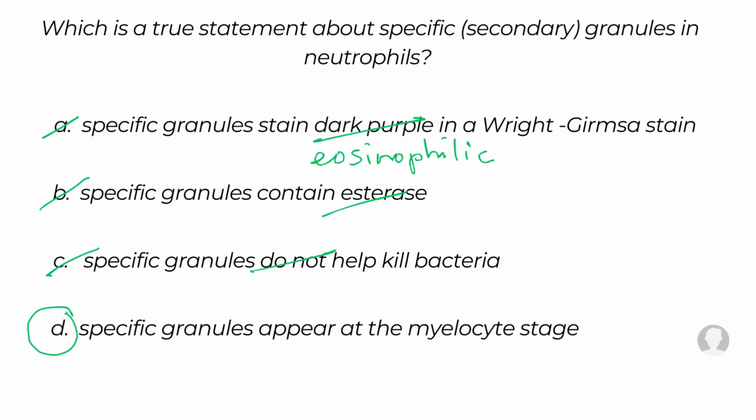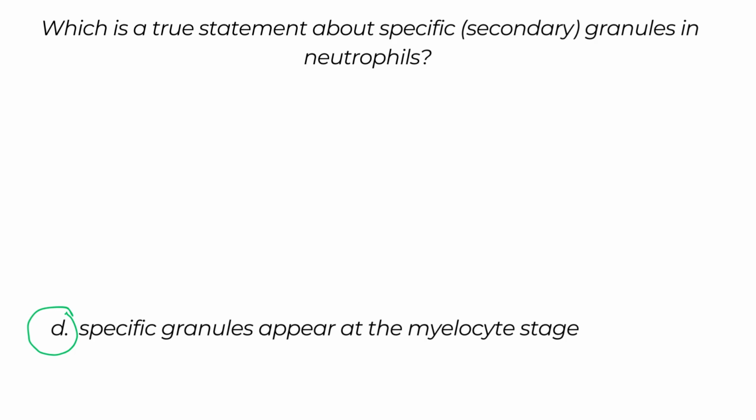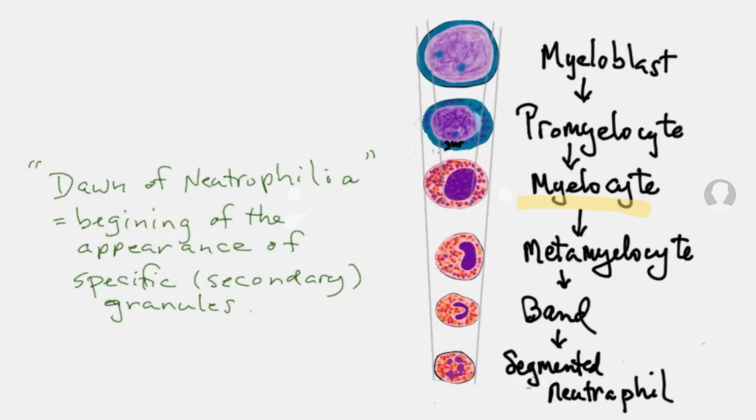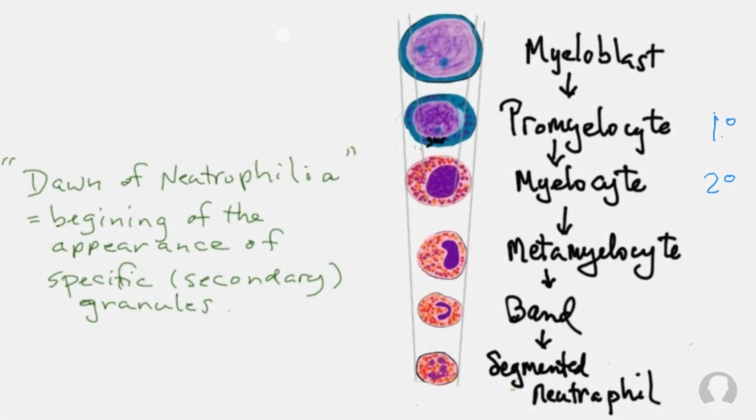So they appear at the myelocyte stage. They appear in the dawn of neutrophilia. That's the beginning of the appearance of specific secondary granules at the myelocyte stage. And you can see that primary granules appear in the promyelocyte, and when the myelocyte appears, they have secondary granules.